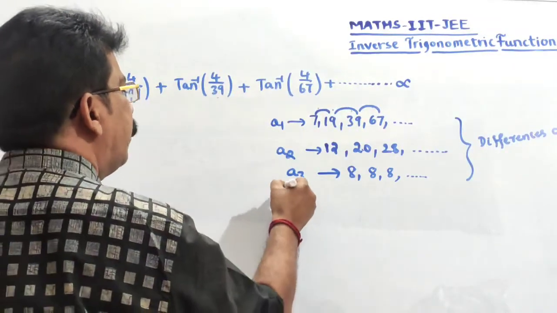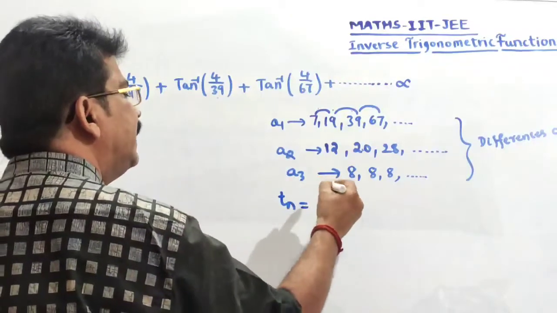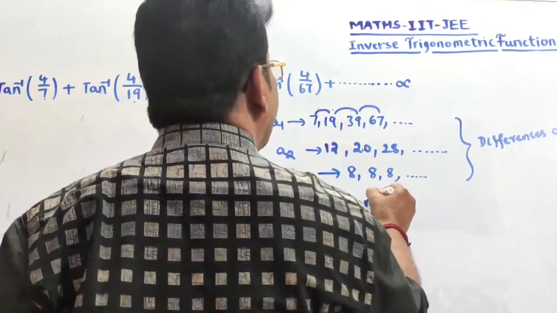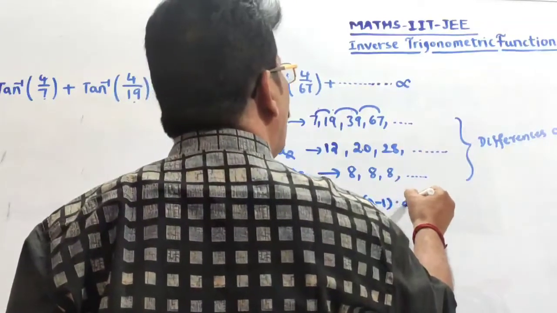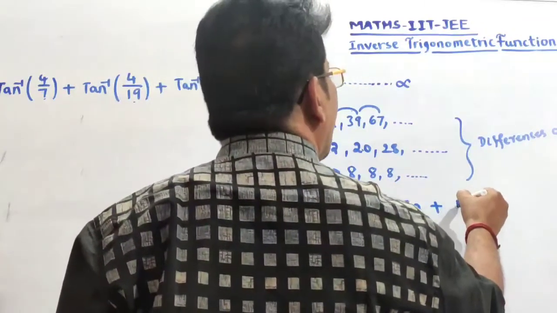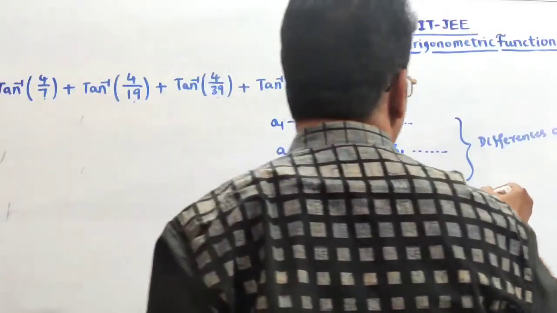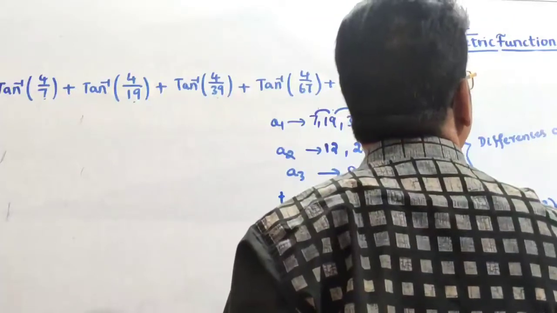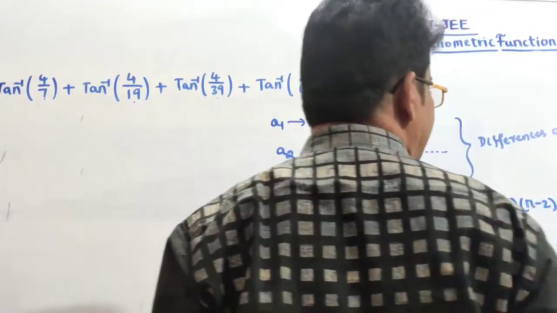In such a case, Tn is equal to A1 plus n minus 1 into A2 plus half into n minus 1 into n minus 2 into A3.